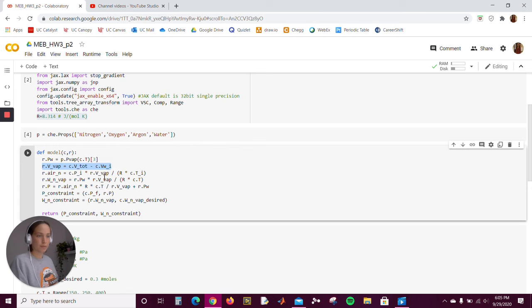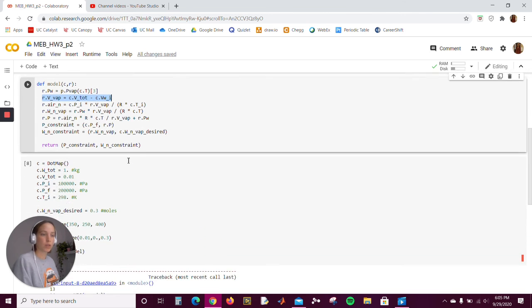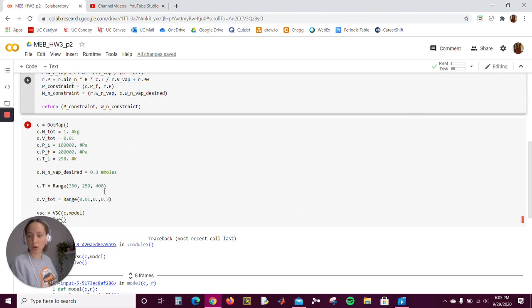And the reason why is because, as I said in part 1, to find the volume of the vapor phase, we needed to subtract the volume of the water from the total volume. And to find the volume of the water, we needed to use the mass and density, which I never typed in. So I'm going to do that now.